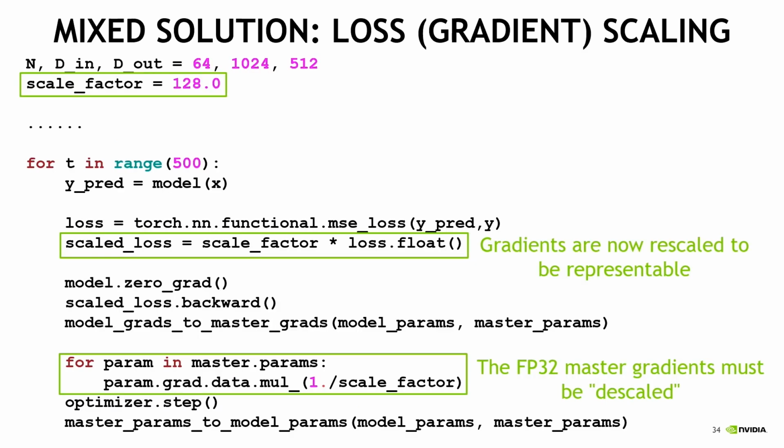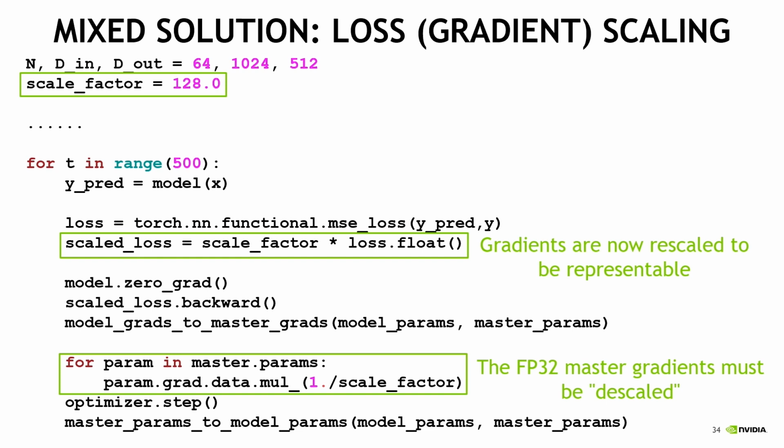So for example, we picked a factor of 128. That means that all of our gradients are actually going to get shifted over quite a few bits. By shifting that exponent, we are pushing our gradients into values that are representable in FP16, out of regions where it may have just been truncated straight to 0.